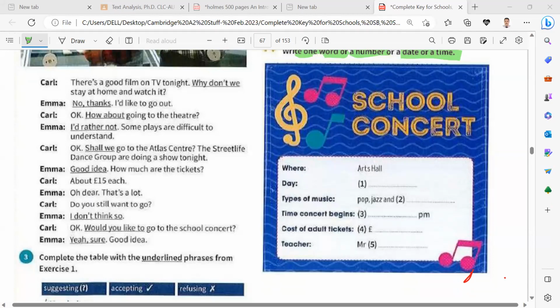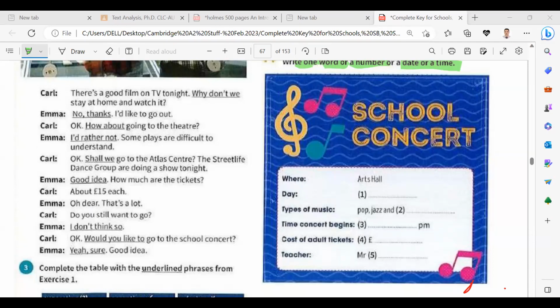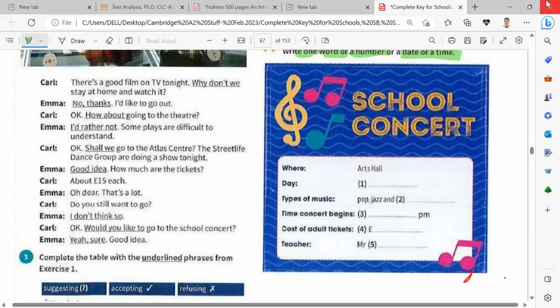Unit 9. Listening, Part 2. Exercise 2. For these questions, write the correct answer in each gap. You will hear some information about a concert. Write one word or a number or a date or a time. Thank you, everyone. Now, it's our school concert in our arts hall at the weekend. I hope you're all practicing a lot. I heard a student playing the piano on Monday and it sounded great. Anyway, our concert is on Saturday. Are you all ready?